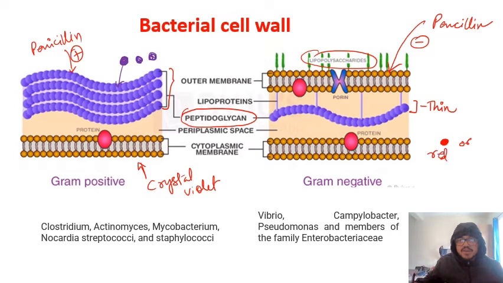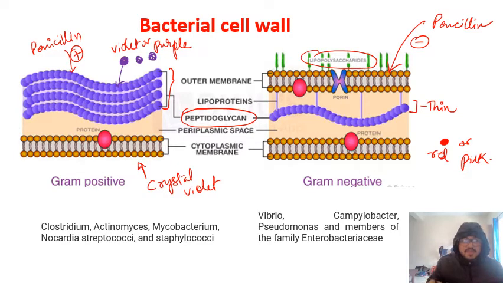Here it was violet or purple, here it is red or pink. So this is the difference between gram positive and gram negative, and you can see the structural difference also.